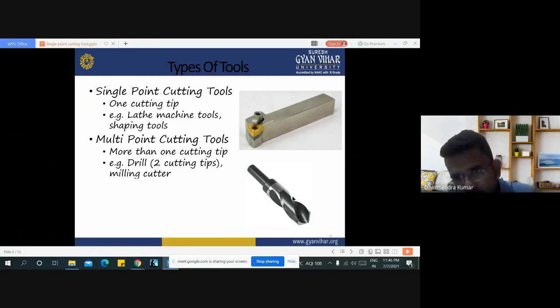One is associated with this edge and another is associated with this cutting edge. Thus, according to the definition, the multi-point cutting tool has two or more than two cutting edges. Then this type of tool is known as a multi-point cutting tool.